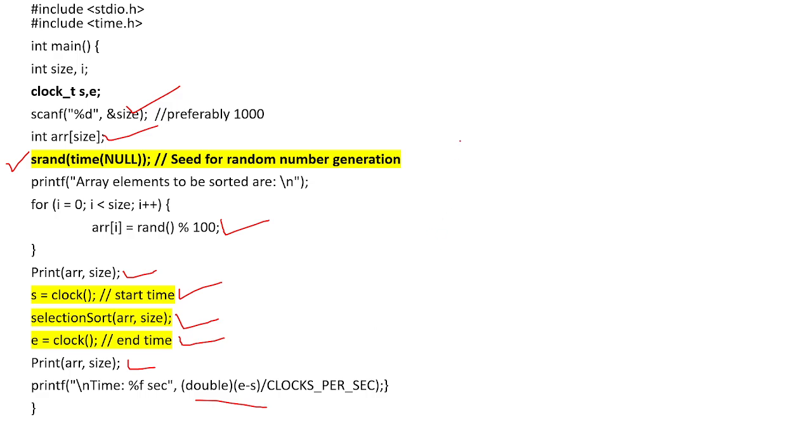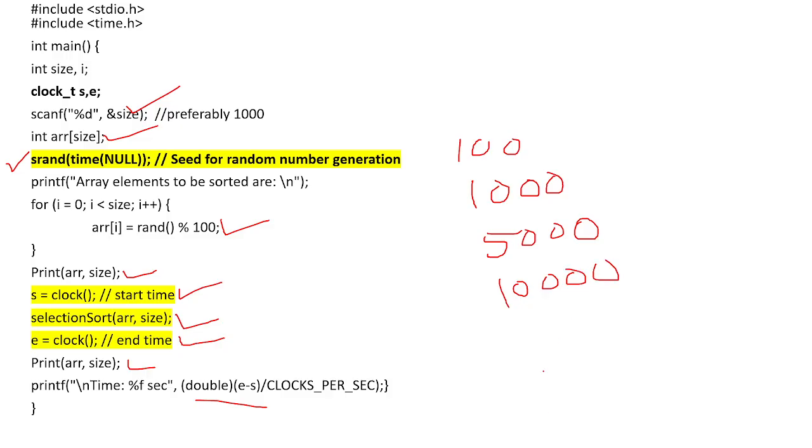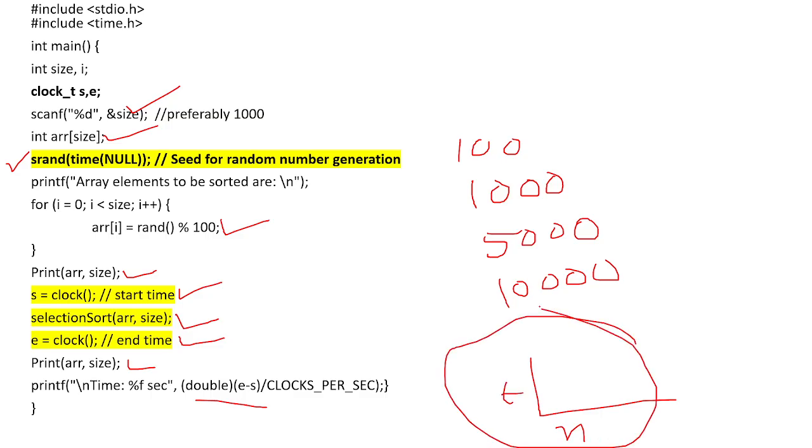You repeat this for 100, 1000, 5000, and maybe 10,000 values. Note the values and plot the graph of n versus time. This is the concept of the selection sort algorithm. Thank you.